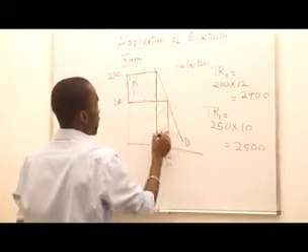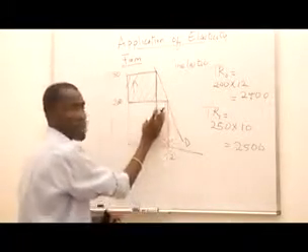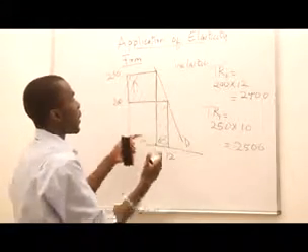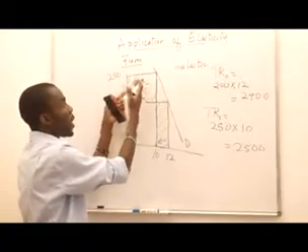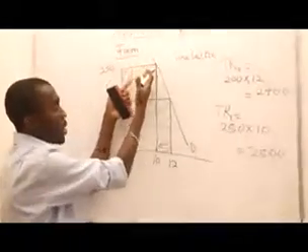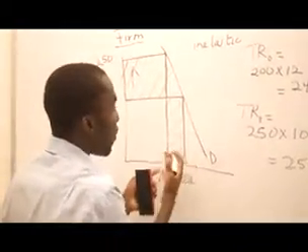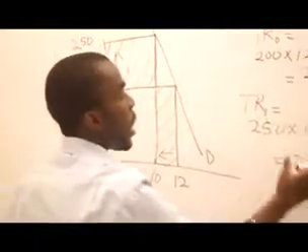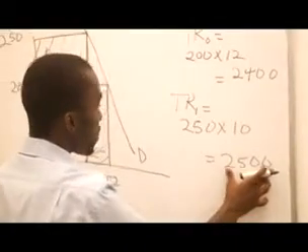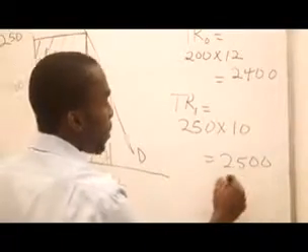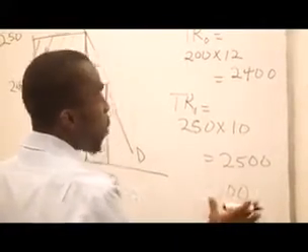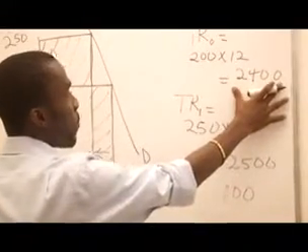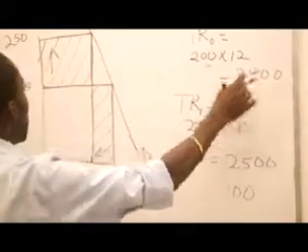which will be given by this small proportion or this small area, so that the net effect will be that the firm will rather gain by increasing its price than by decreasing its price. With a price increase, our new total revenue is 2,500, which is 100 more than the previous total revenue of 2,400.